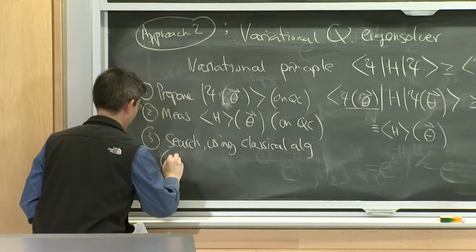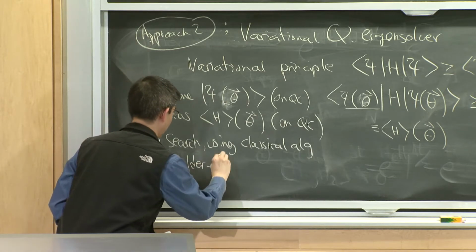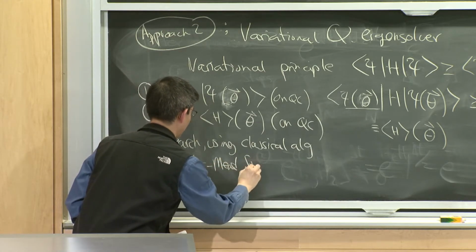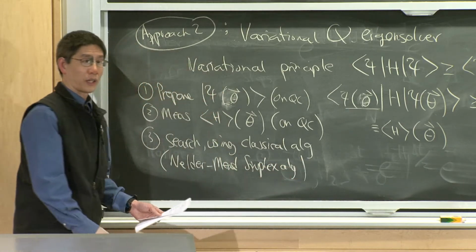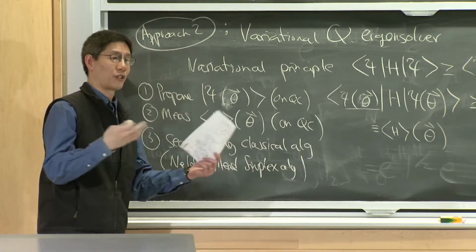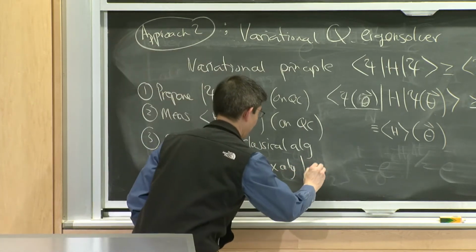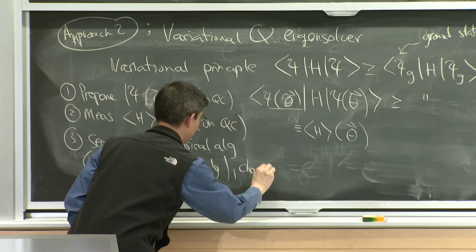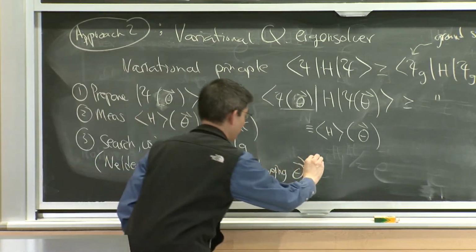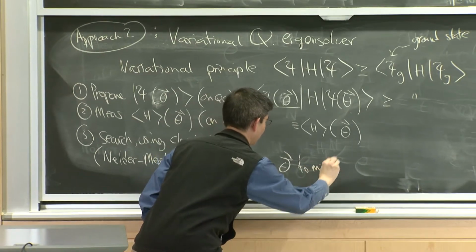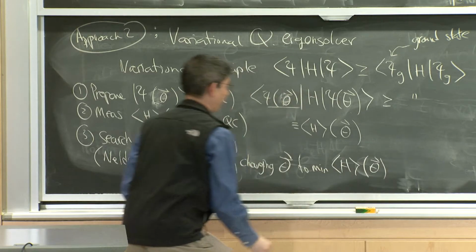For example, the Nelder-Mead simplex algorithm. Or stochastic gradient descent, or you choose your favorite optimization algorithm, changing theta to minimize H of theta.